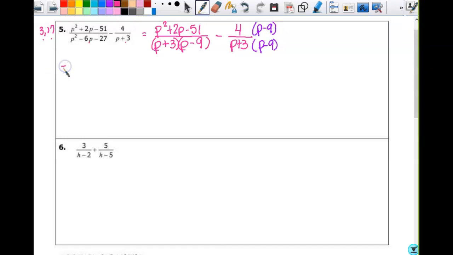So if I rewrite all that, I'm going to get p squared plus 2p minus 51, and then I'm going to just go ahead and do this. Negative 4 times p is negative 4p, and then negative 4 times negative 9 is a positive 36, and all of that is over p plus 3 times p minus 9.